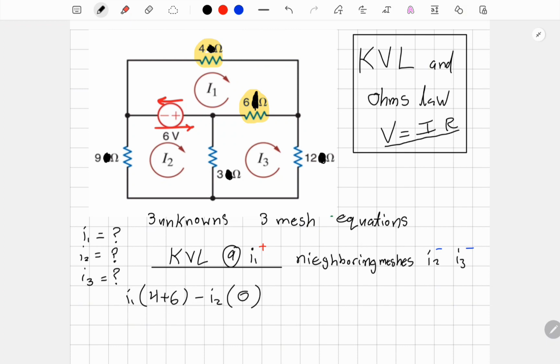Moving on, we have minus I2 times 0, and then minus I3 times the resistors connected to I1 and I3. Well, there's the 6 ohms. They're both touching, or both connected.